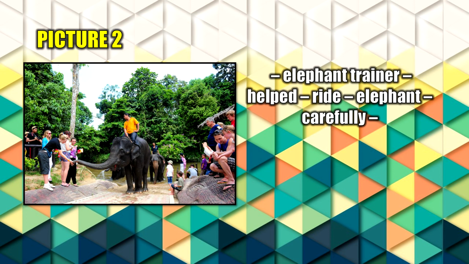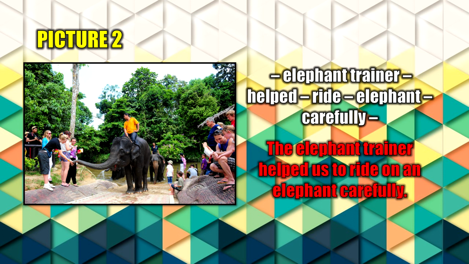Picture number 2. The helping words are elephant trainer, help, ride elephant carefully. Again, by using subject, verb, object structure, your sentence would be: the elephant trainer helped us to ride on an elephant carefully. From the sentence, let's check the grammatical items.